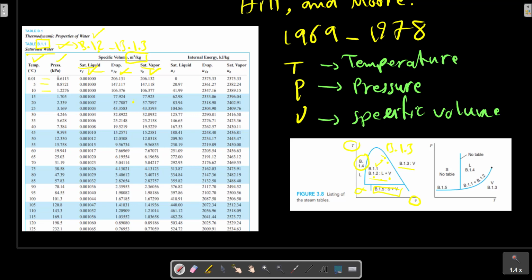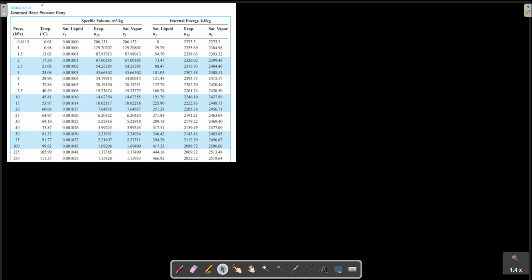In the table B12, in the next picture on the next page, we have listed the same information, but with saturated pressure as the entry, from which we can read the temperature and other properties of, for example, steam in this table.